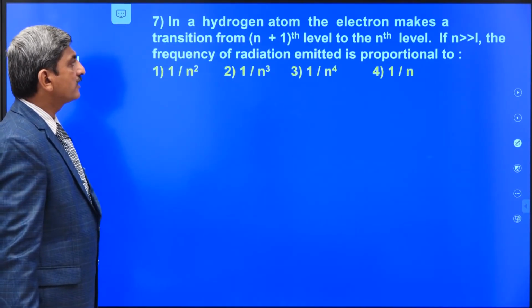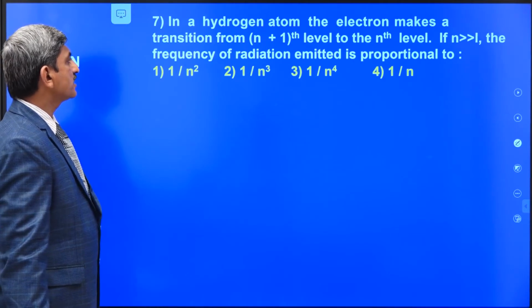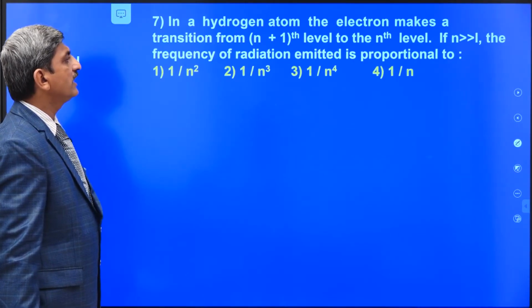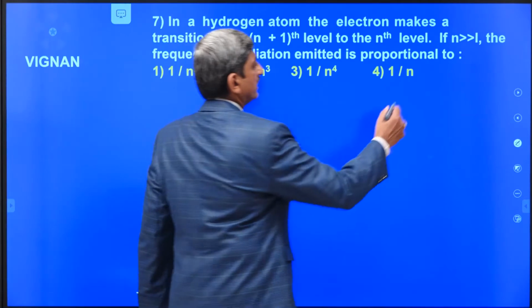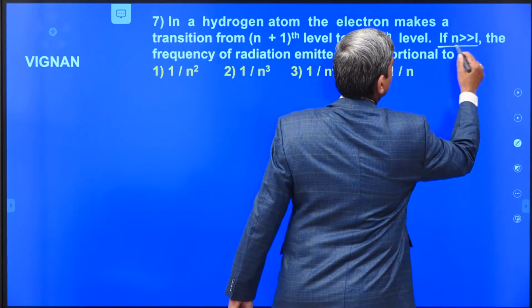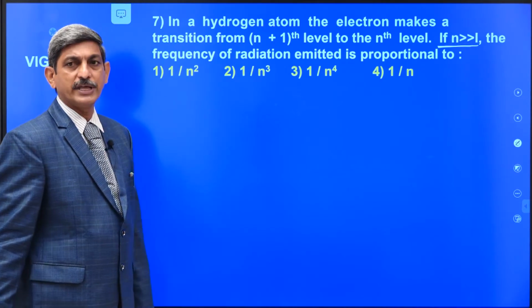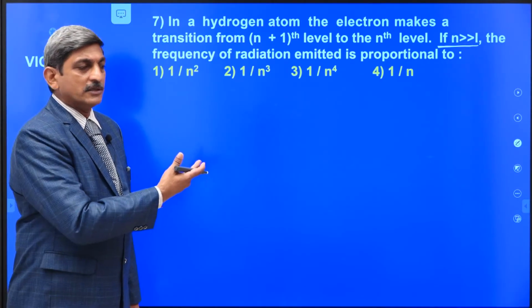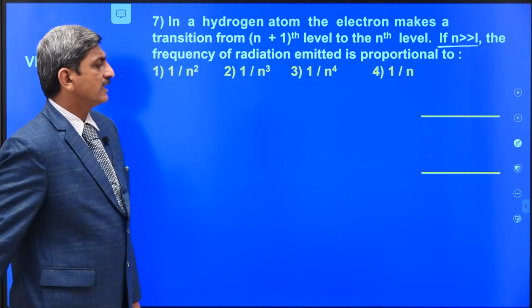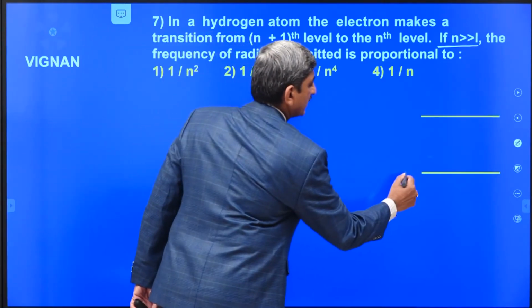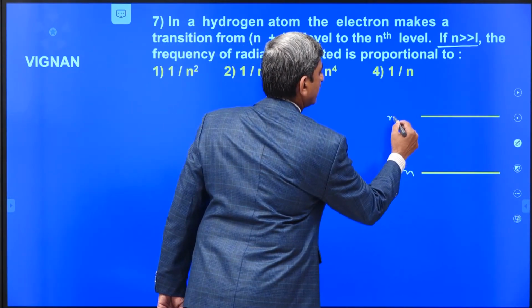In a hydrogen atom, the electron makes a transition from the n plus 1th level to the nth level. If n is very much greater than 1, the frequency of the radiation emitted is proportional to dash. Now let us see the levels. Let it be the nth level, and let it be the n plus 1th level.